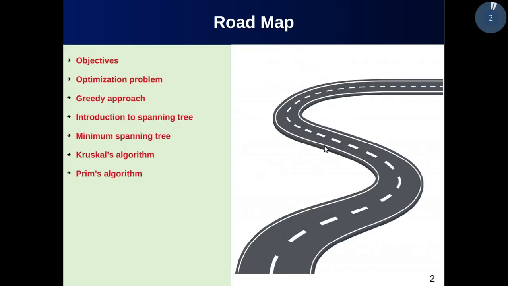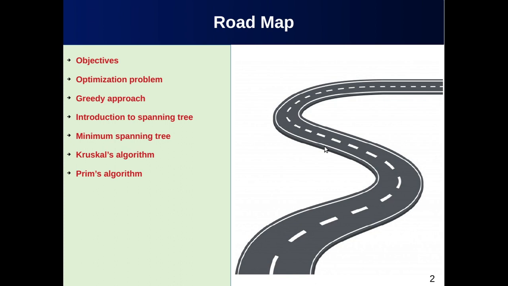The roadmap for today's presentation, as usual, we will start with the objectives of the lecture, what you are supposed to learn at the end of this lecture. After briefly describing the objectives, we will shift our attention to the optimization problem and then the approach which is used to deal with it, that is the greedy approach.